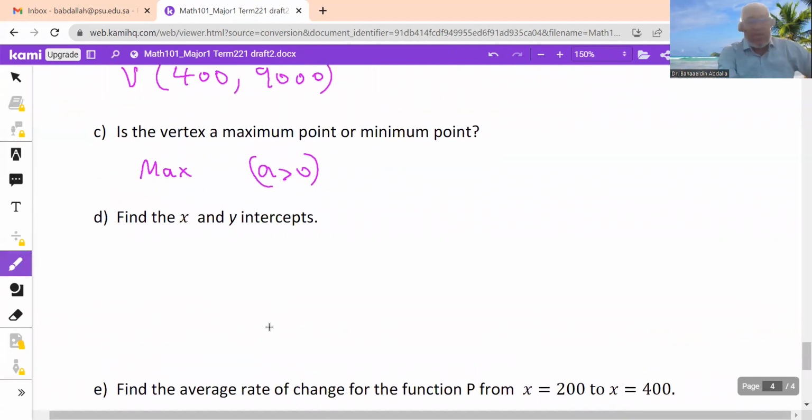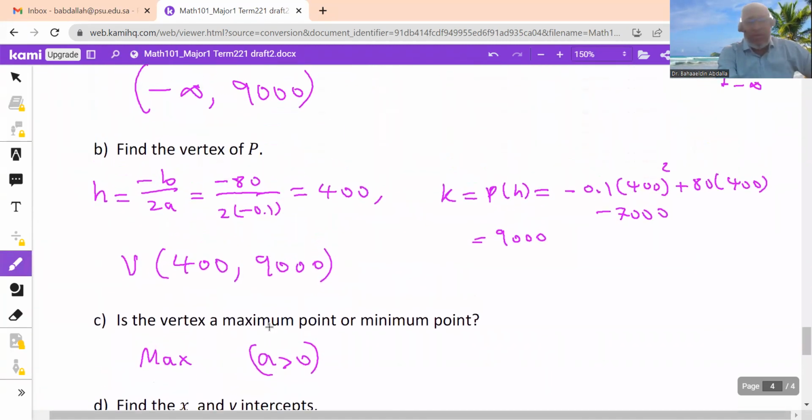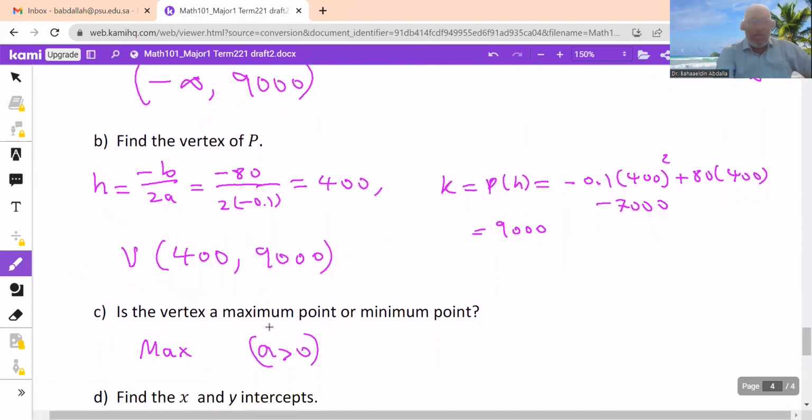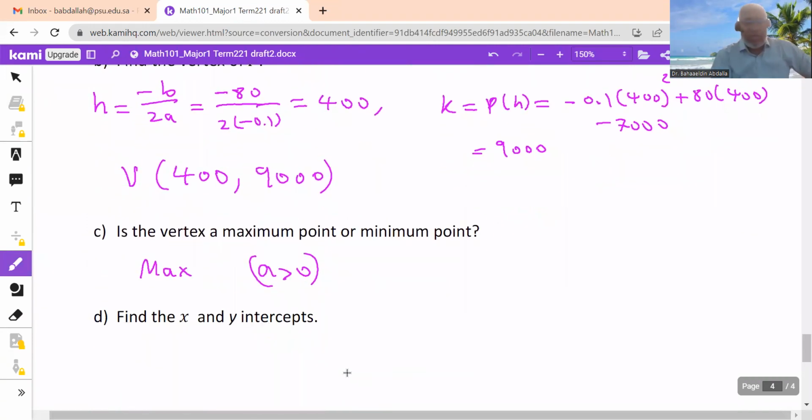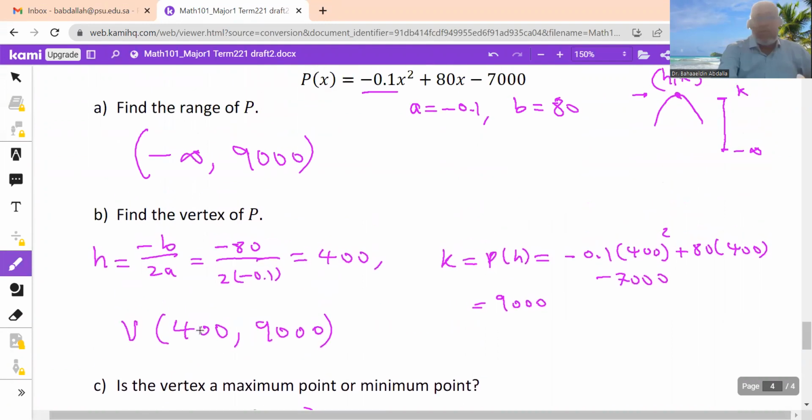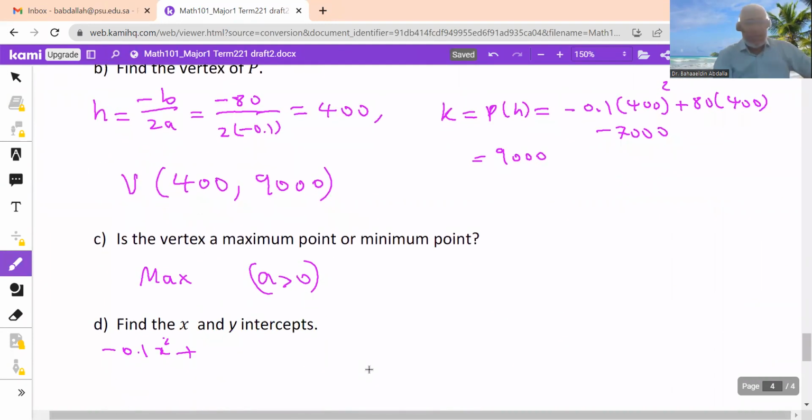Find the x and y intercepts. Well, to find the x intercepts, I put y equal to 0. So I need to solve this equation: negative 0.1 x squared plus 80x minus 7,000 equals 0. And you can use mode 5.3 to solve this equation easily.